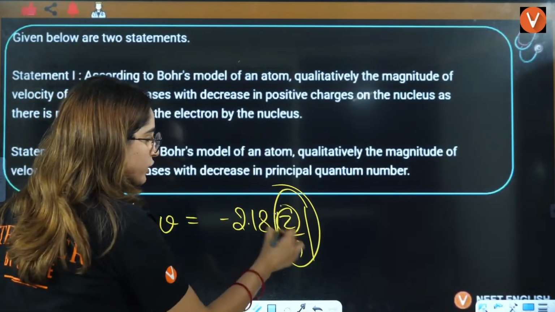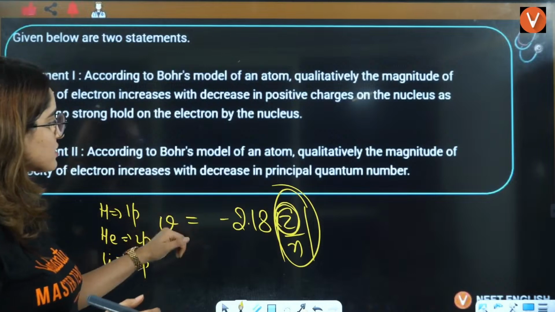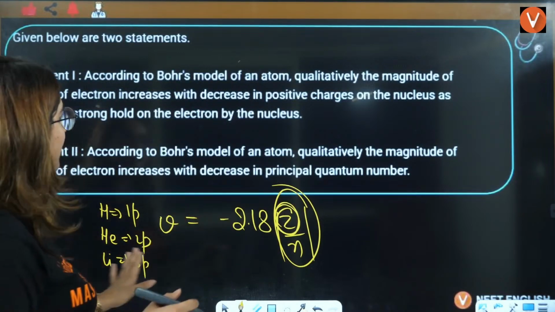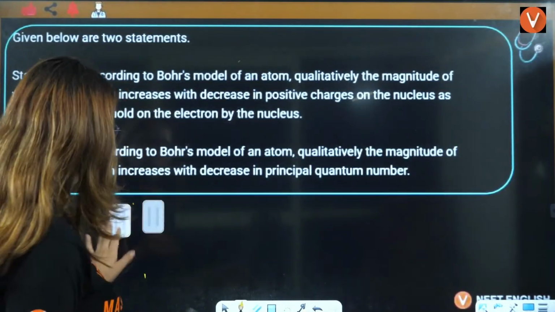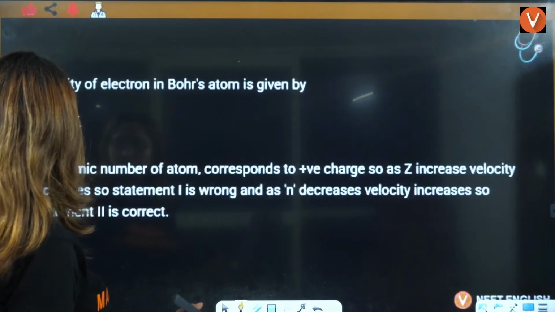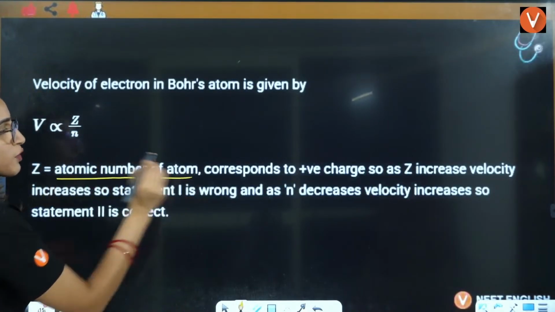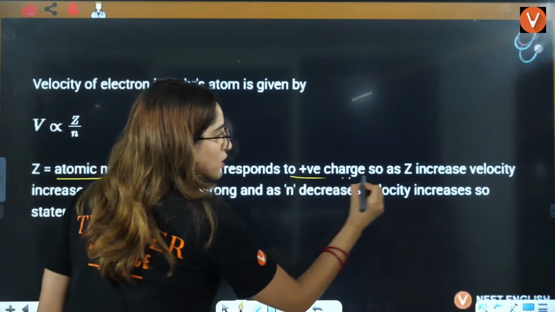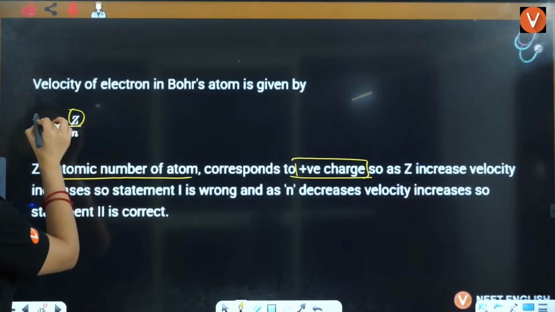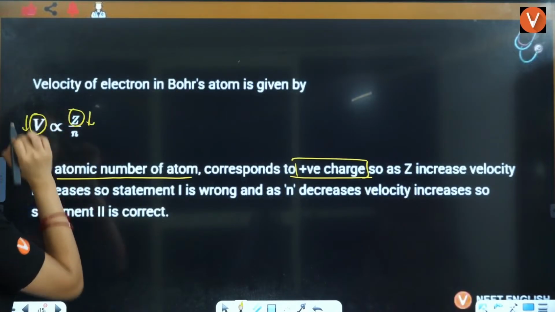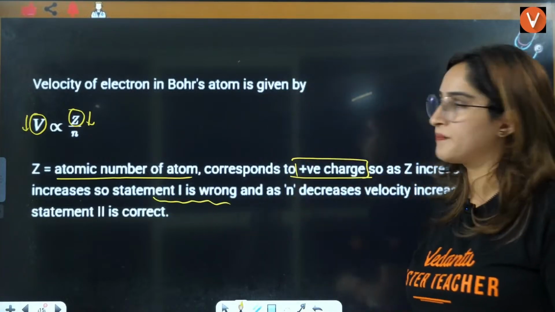That means as Z decreases, the velocity magnitude is also going to decrease. So this statement is not going to be correct. It is directly proportional. The atomic number of an atom corresponds to positive charge. As Z increases, this will increase; as Z decreases, this will decrease, right? So the first statement is going to be wrong.